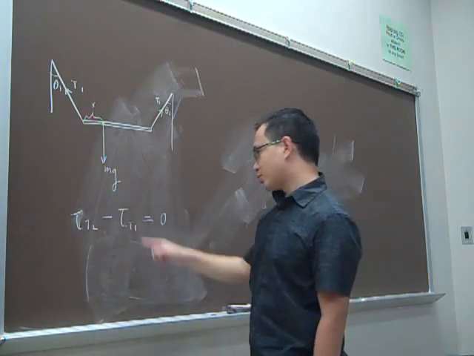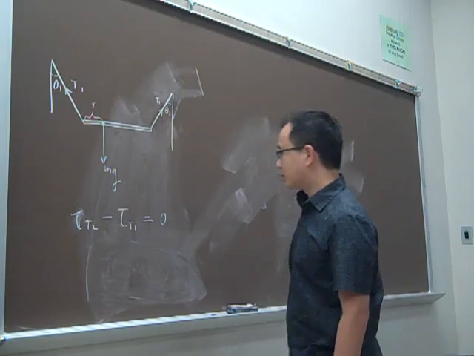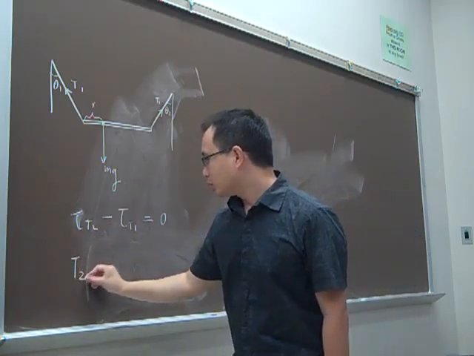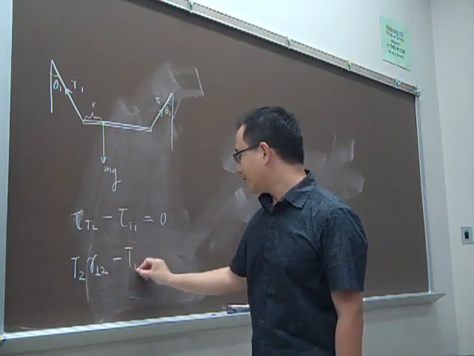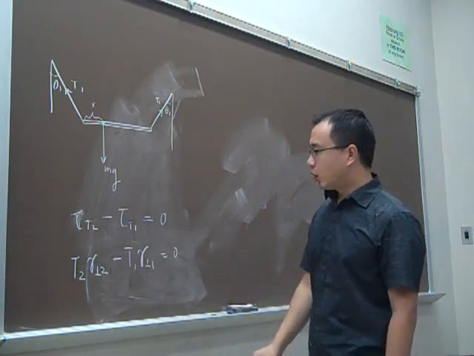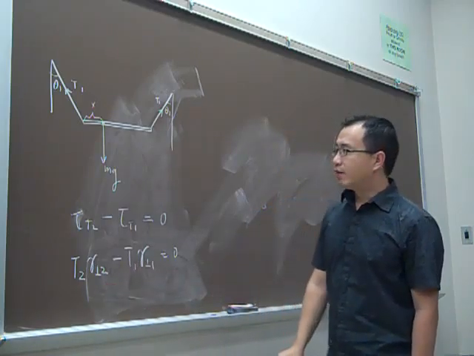So torque T2 minus torque T1 equals 0. And of course, that means T2 multiplied by R perpendicular 2 minus T1 multiplied by R perpendicular 1 equals 0, right? Torque is always the corresponding force multiplied by its own lever arm.